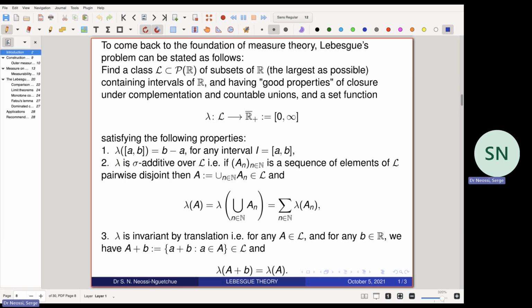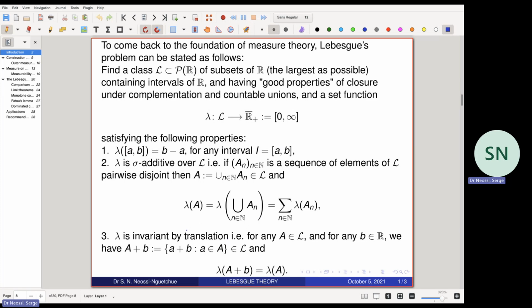The second property is that lambda should be sigma additive over calligraphic L, which means that if we take a sequence A_n of elements of L, pairwise disjoint, then the union of such sets, which we denote by A, should also be an element of L, and besides lambda of A should be equal to the sum of all the lambda of A_n. This property is called the additivity property of lambda.